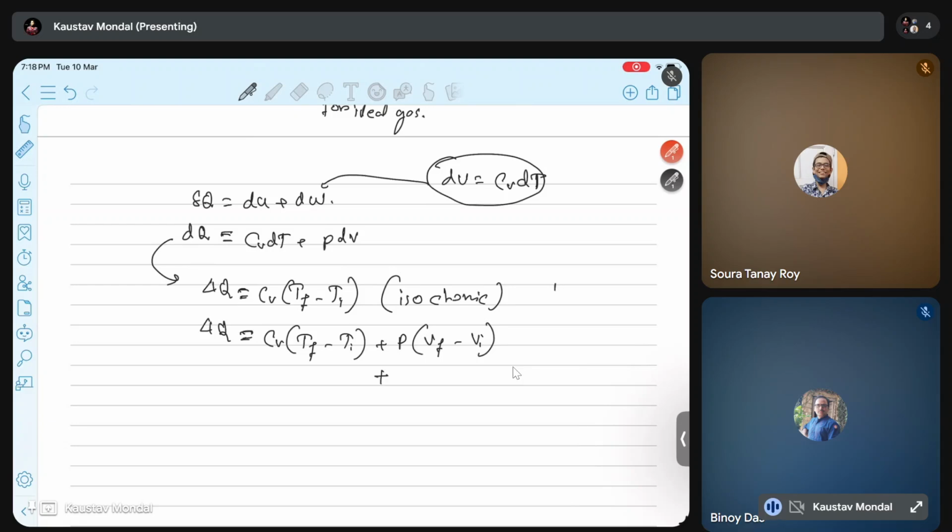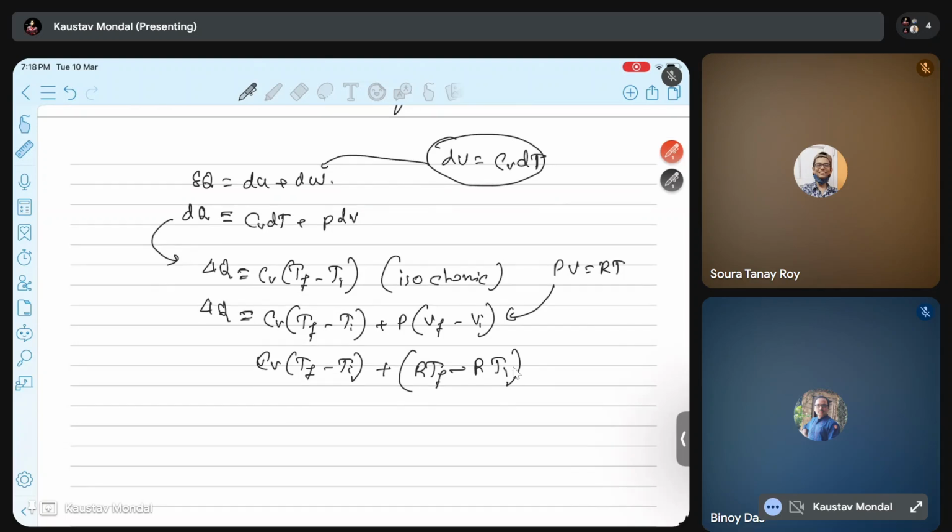We already know PV equal to RT, so you can use this relation to write the expression in terms of temperature also: R TF minus R TI. This is for isobaric delta Q.